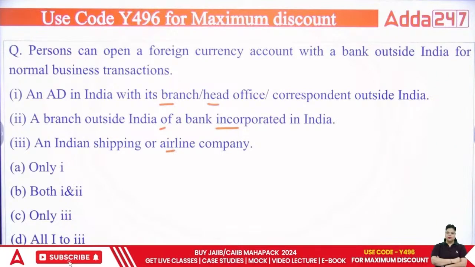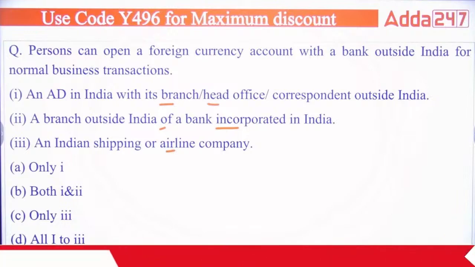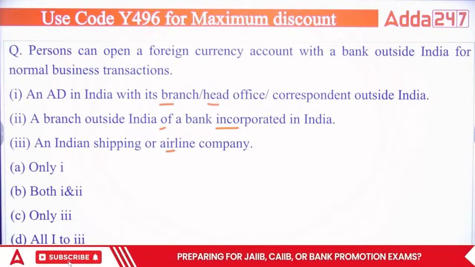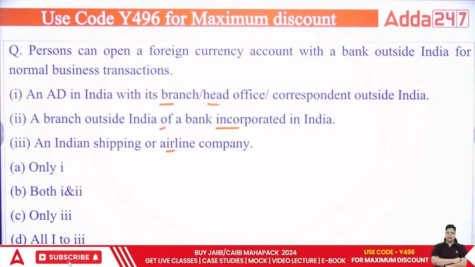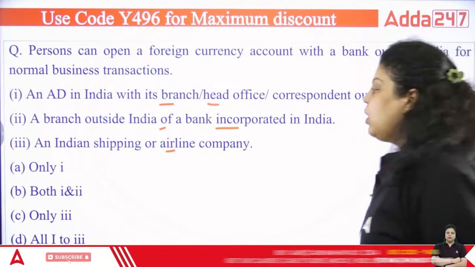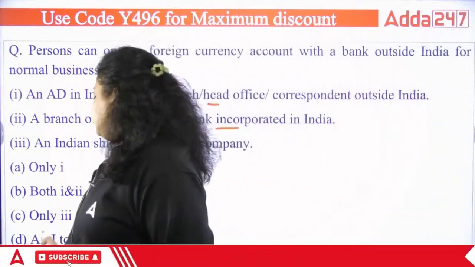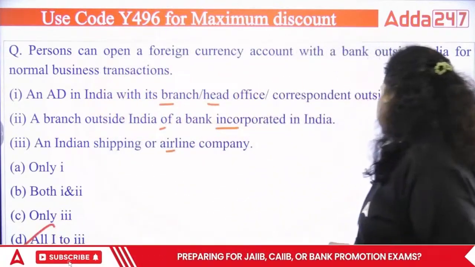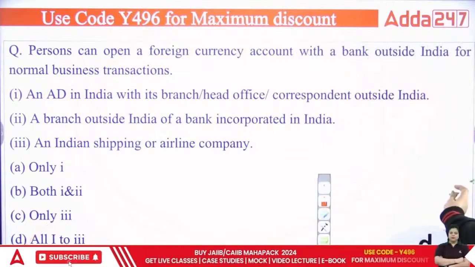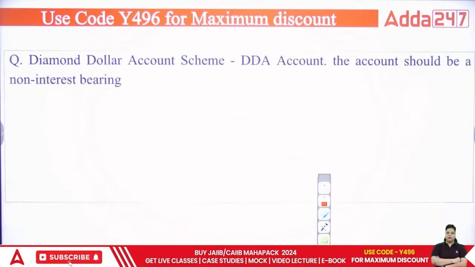Which of the following can open a bank account outside India in foreign currency for their normal business transactions? And the right answer will be all of the above. All can open a foreign currency account for business purposes outside India in a bank. So the right answer will be D.